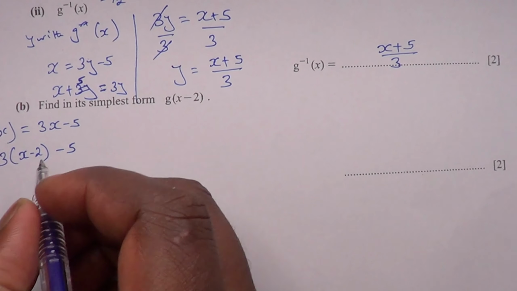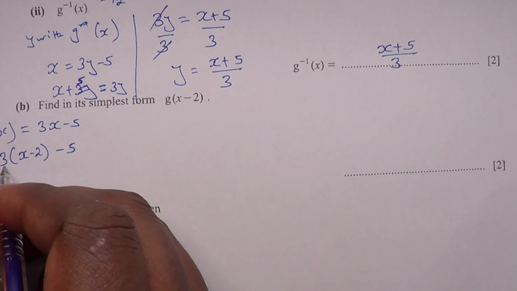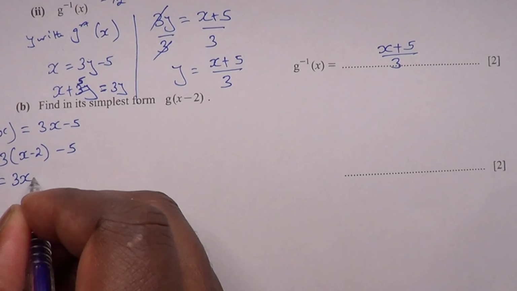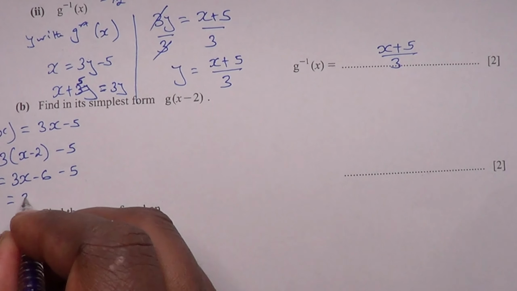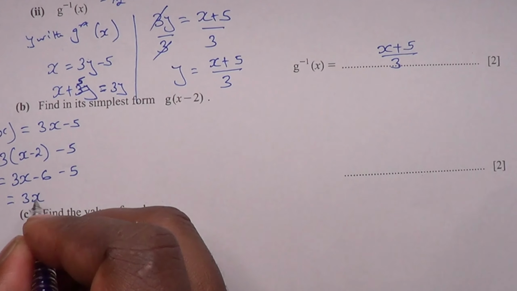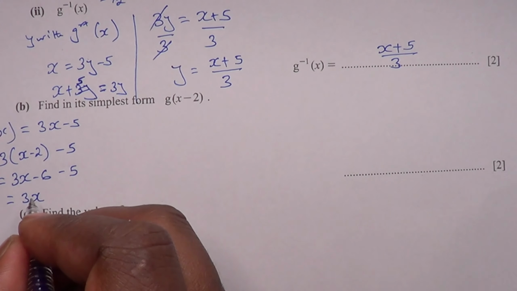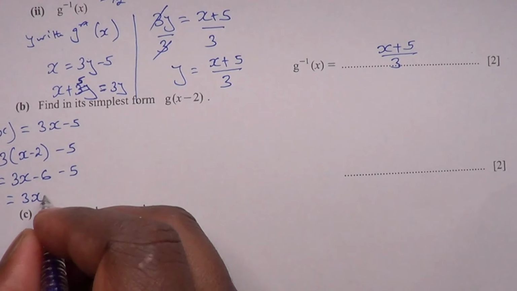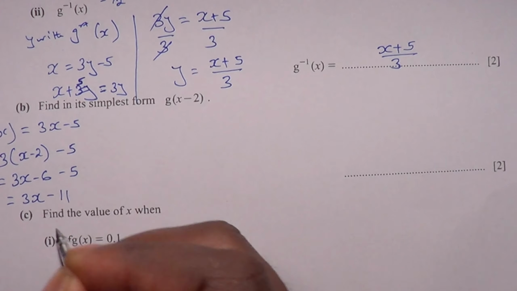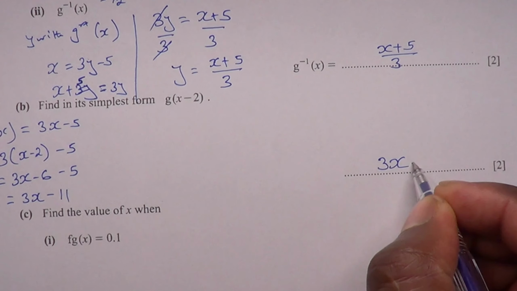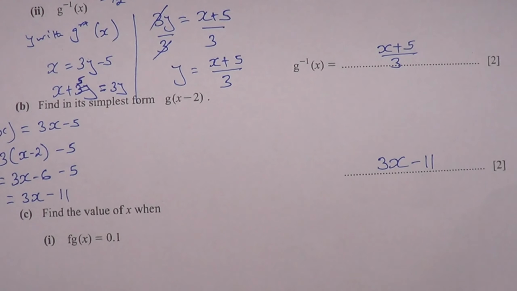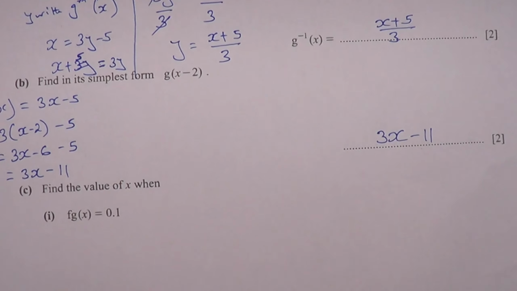Let me open the bracket. 3 times x is 3x, minus 6, minus 5, that is minus 11. So the answer is 3x minus 11.